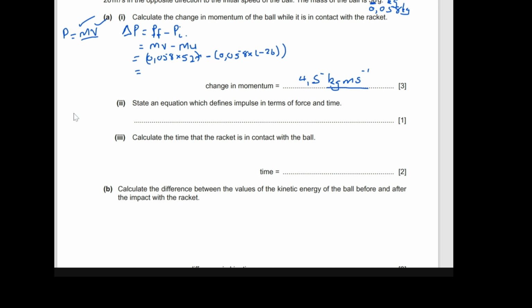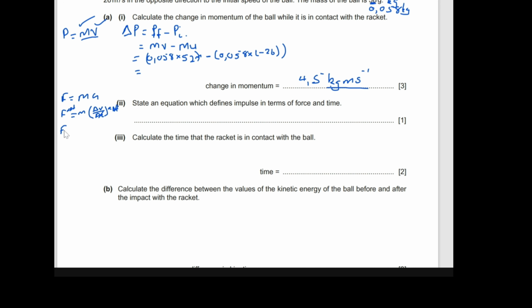Now, where does it come from? I would love to discuss a little bit on this one. We know that force is equal to mass times acceleration. If I substitute for acceleration, I know that acceleration is equal to change in v over change in t. Therefore, if I multiply by change in t on both sides, it will cancel on this side.